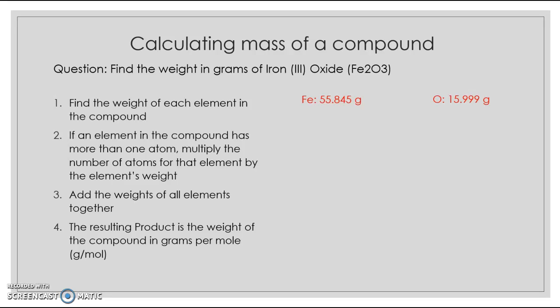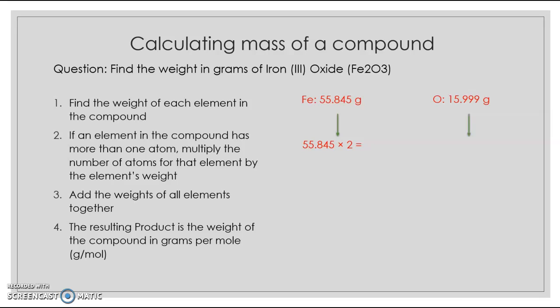Next, we're going to multiply each element by the amount of atoms in this compound. So for iron, we have 2 atoms. So therefore, we would multiply 55.845 times 2 together.